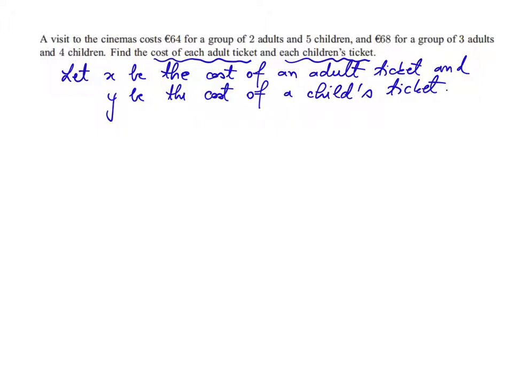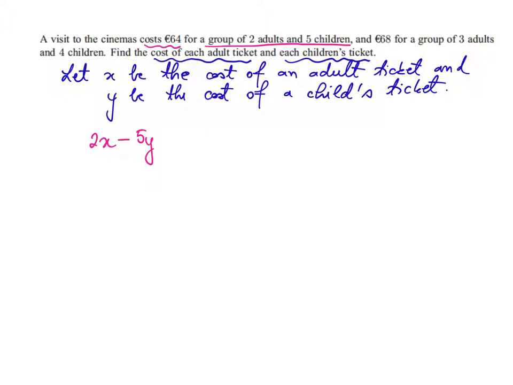And now we are going to translate the information into algebra. A visit to the cinema costs 64 for a group of 2 adults and 5 children. So an adult pays x, 2 adults will pay 2x. A child pays y, 5 children will pay 5y.